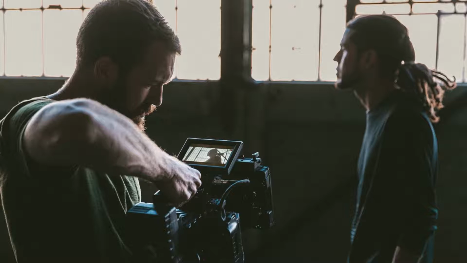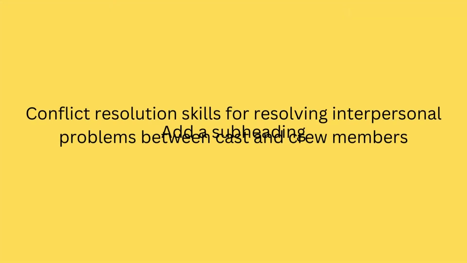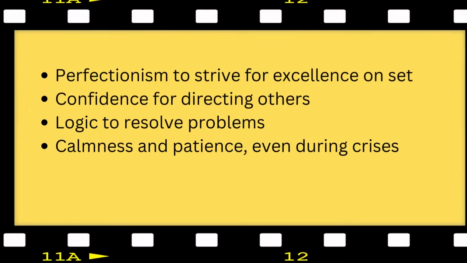Most of the best first assistant directors have certain personality traits, such as they're perfectionists, they're confident in directing others, they logically solve problems, they're very patient and calm during a crisis, and they're very collaborative, and flexible to adapt to changes and conditions.